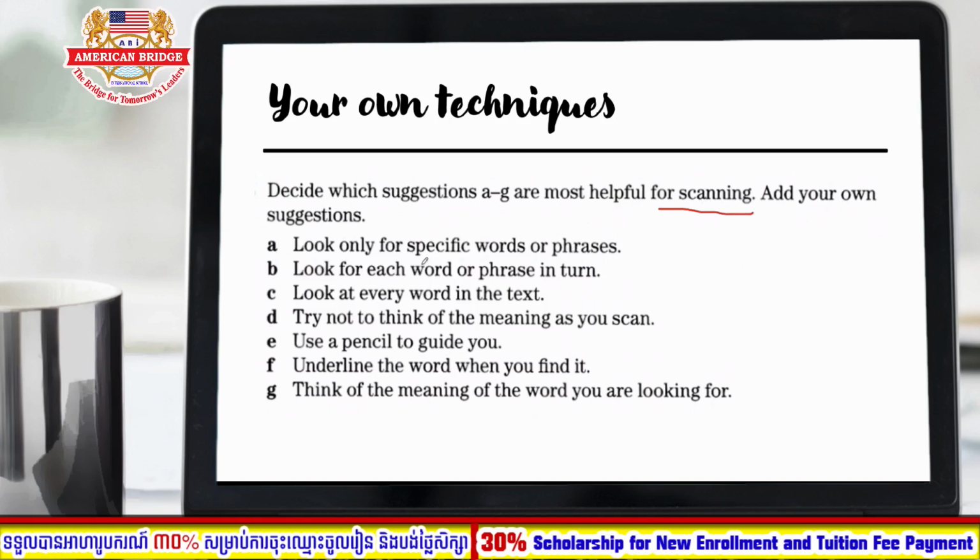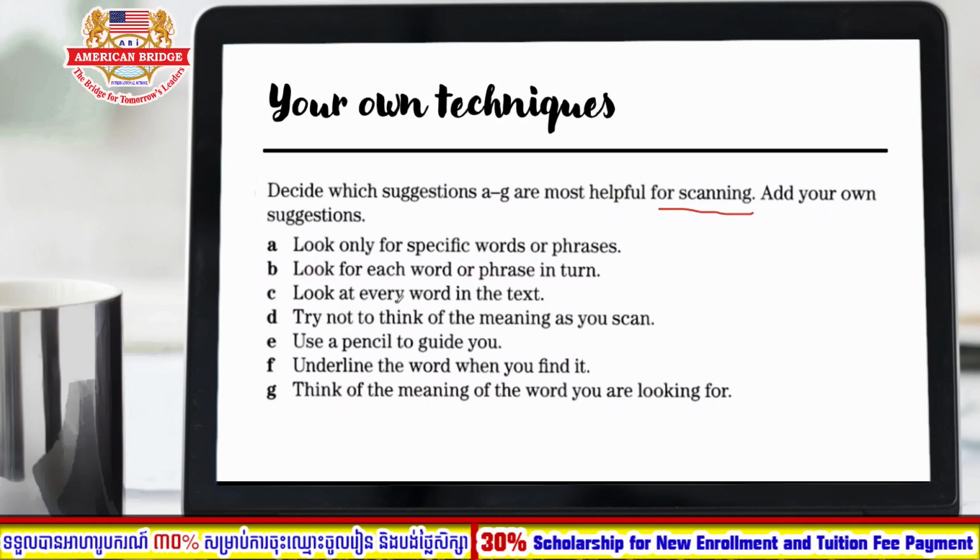It can be very helpful to find specific information by looking at only the keywords. And B, look for each word or phrase in turn, which means you need to look at it again and again and try to find the meaning and the context of those words.